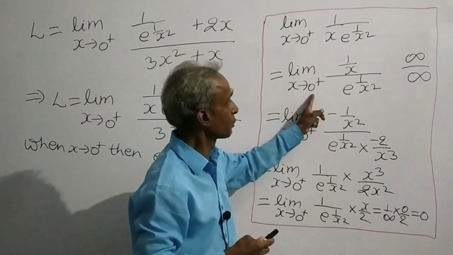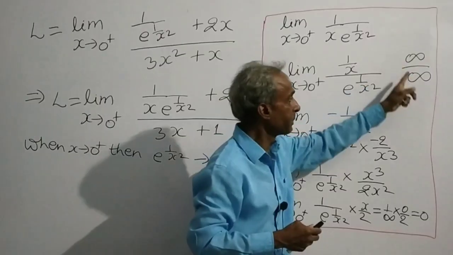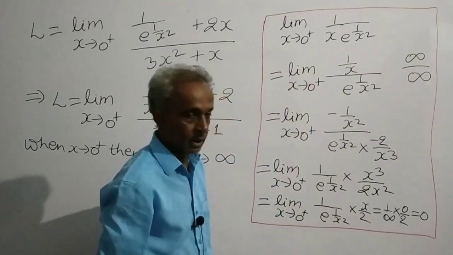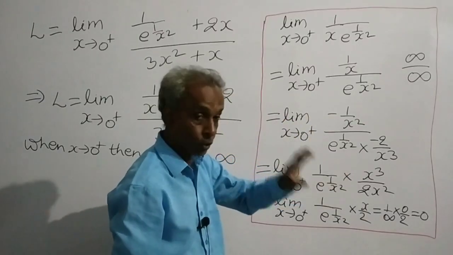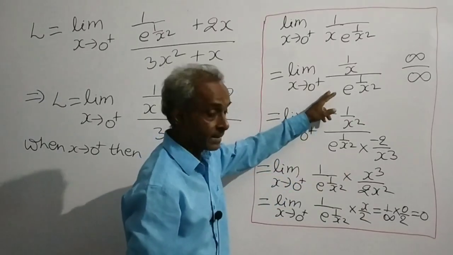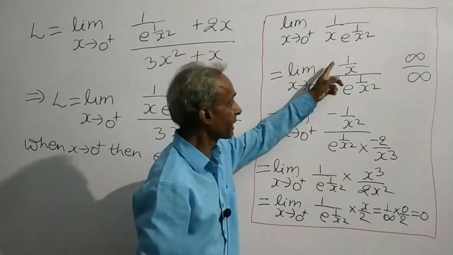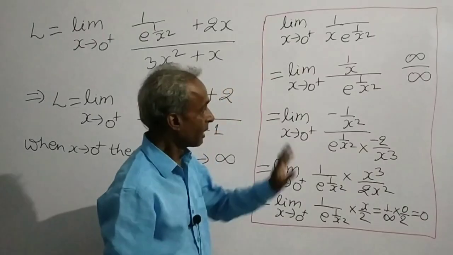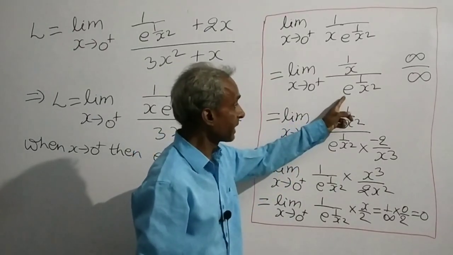Numerator, when x tends to 0, 1 by x tends to infinity. Infinity by infinity indeterminate form. Therefore, we can apply L'Hospital's rule to find this limit. We differentiate numerator. Numerator means 1 by x right here. Now we differentiate denominator.